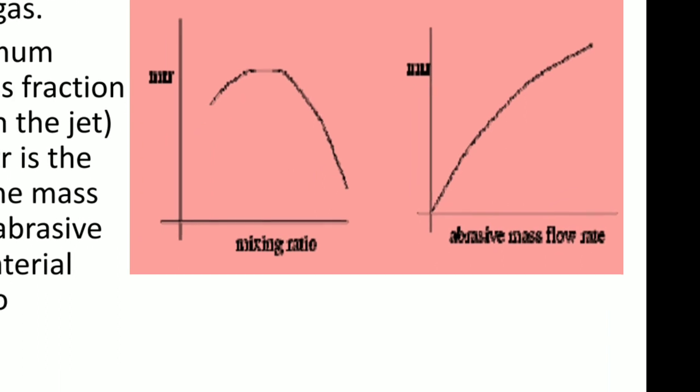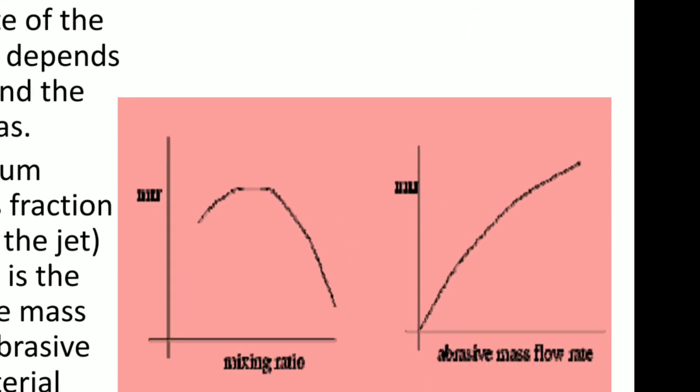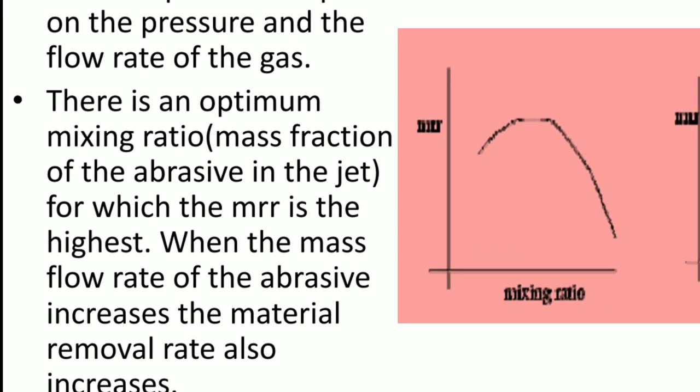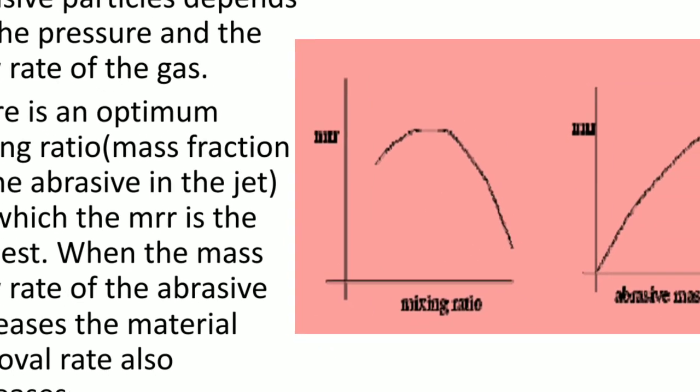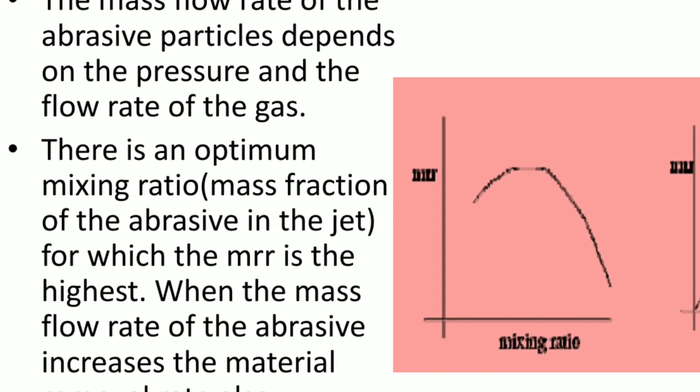Here you can see it is almost linear: as you increase the abrasive flow rate, MRR is increasing. So if we increase the mass flow rate, MRR will increase. This is the first process parameter.